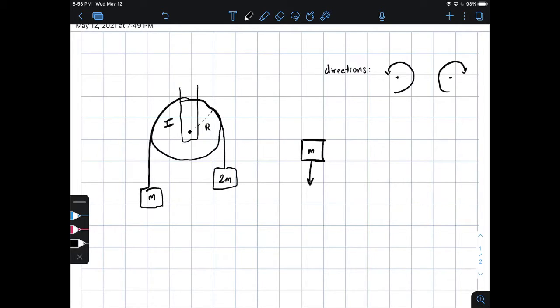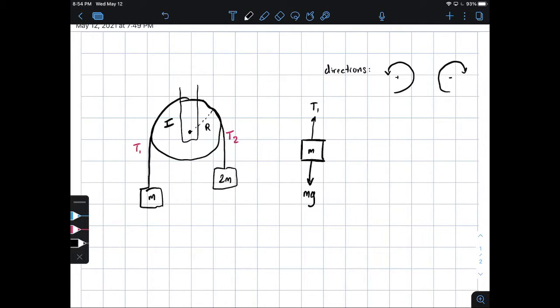This one's going to be m, and we're going to have our gravitational force mg acting downwards, and we're also going to have our force due to tension acting upwards, which we'll denote as T1. On the other side, we're going to denote it as T2, because again, tensions are different on either side of the pulley.